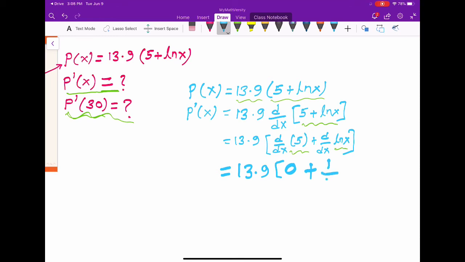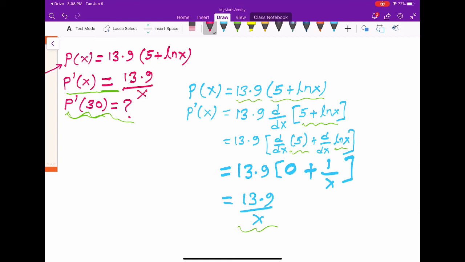So 13.9 over x is the derivative of P of x. The rate of change of the blood pressure with respect to x is 13.9 divided by x. Okay, so that is our P prime of x.